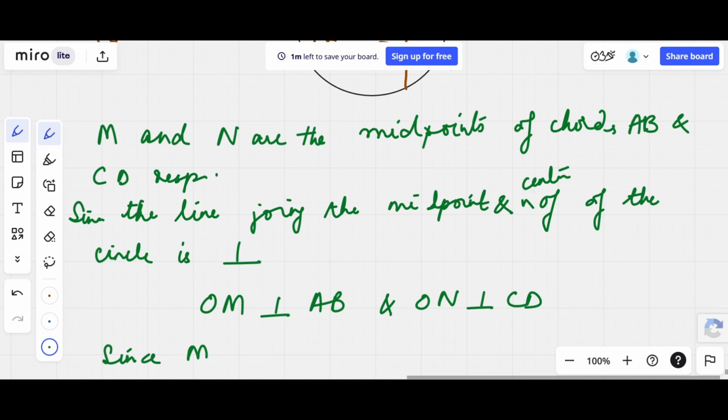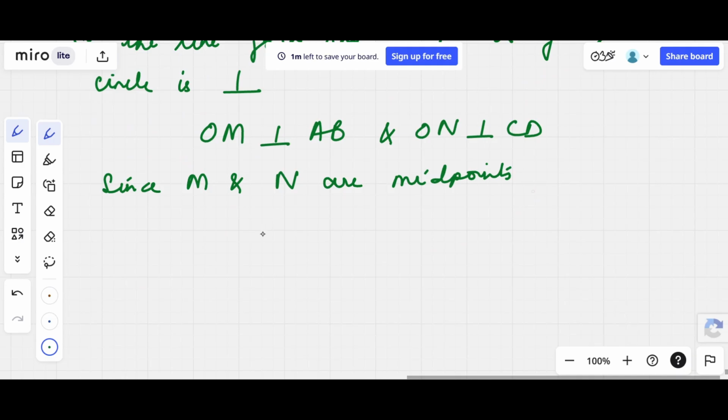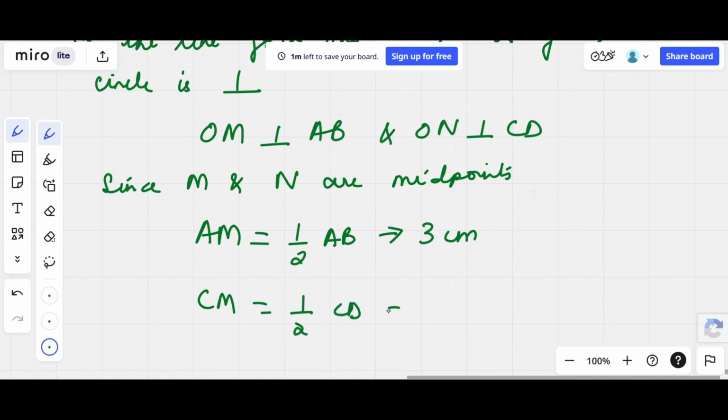Since M and N are midpoints, AM is equal to half of AB, which is half of 6, which is 3 centimeter. CN is equal to half of CD, which is 4 centimeter.